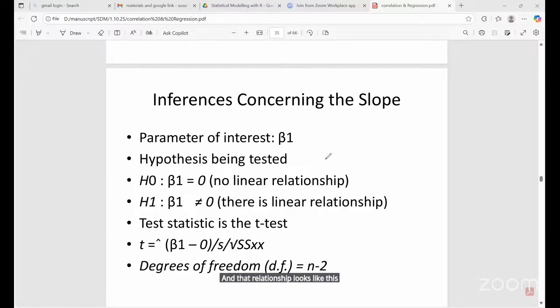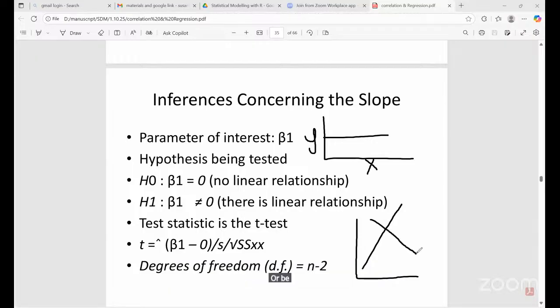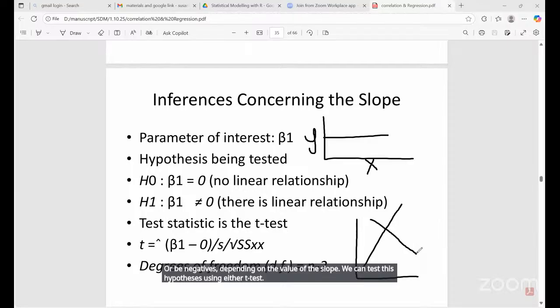So we'll have something like this when there's no slope. So this is y and this is x. So if there is a relationship, meaning B1 is not equal to 0, then our relationship could either be like this or be negative, depending on the value of the slope. We can test this hypothesis using either a t-test or an analysis of variance table, as we shall see later.